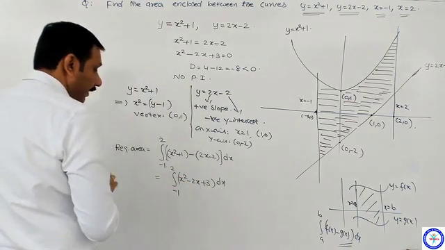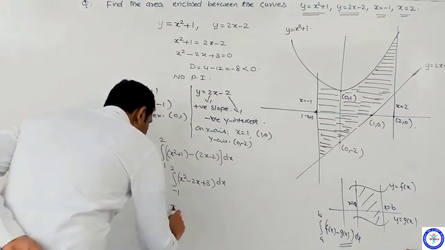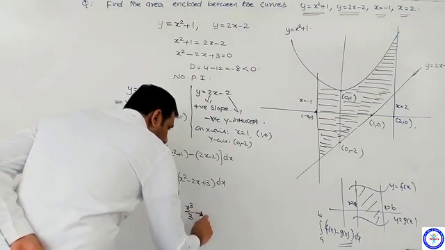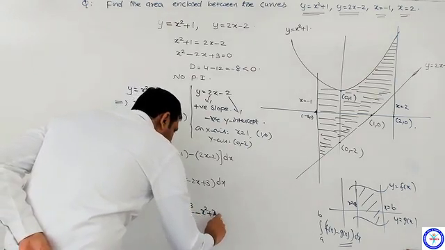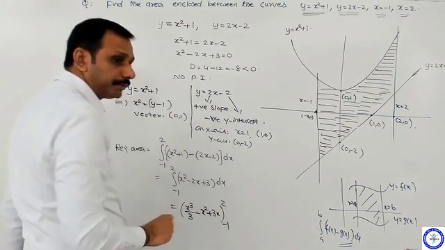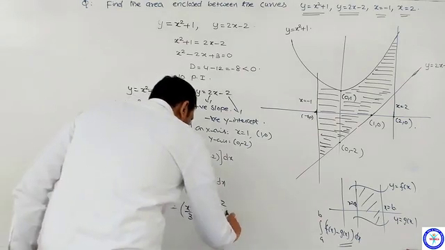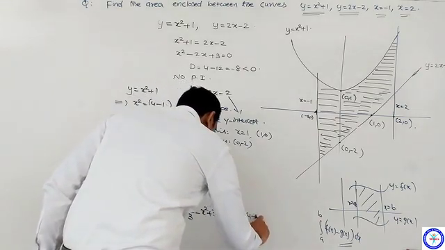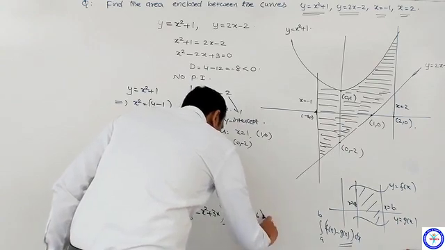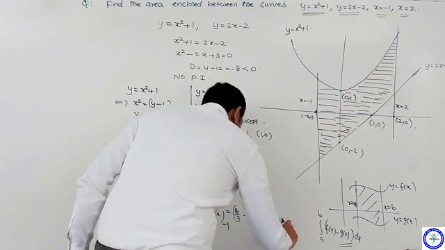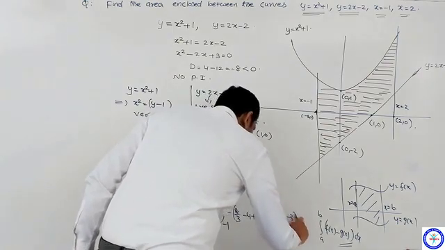Now let us integrate this carefully. It is equal to x cube by 3 minus 2x square by 2, means x square, plus 3x between minus 1 to 2. Substitute upper limit: 8 by 3 minus 4 plus 6, minus of minus 1 by 3 minus 1 minus 3.